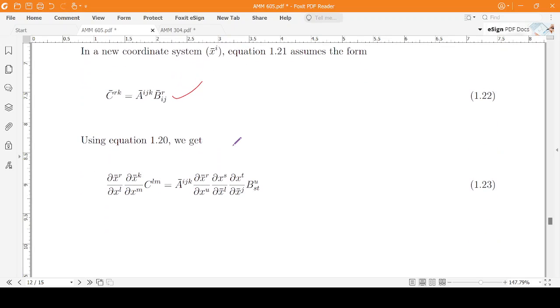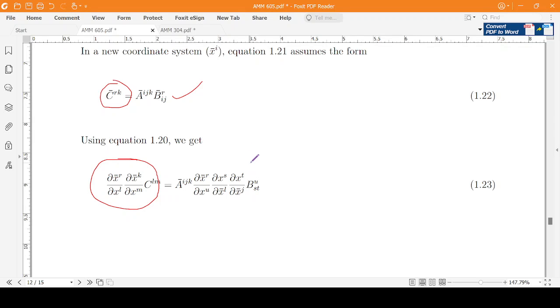Now, if we use equation 20, that's where we defined the components of a mixed tensor of order s plus p, then we can write this equation 1.22 in this form, where we have C^l_m. This one transforms according to this equation here.